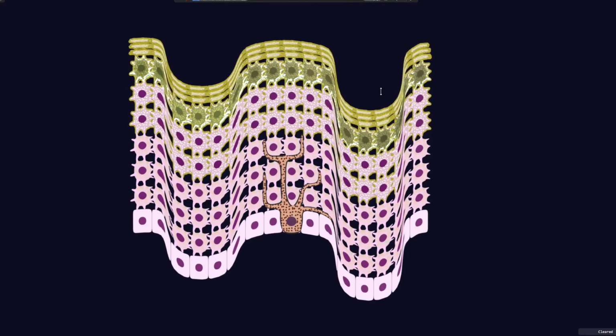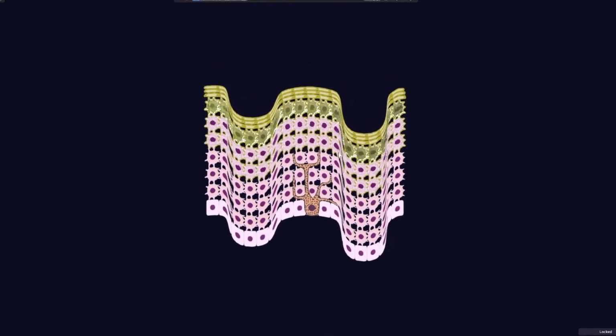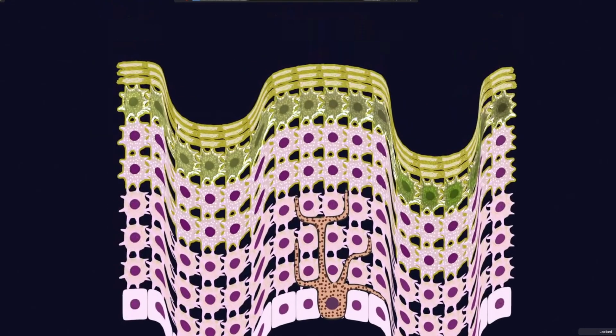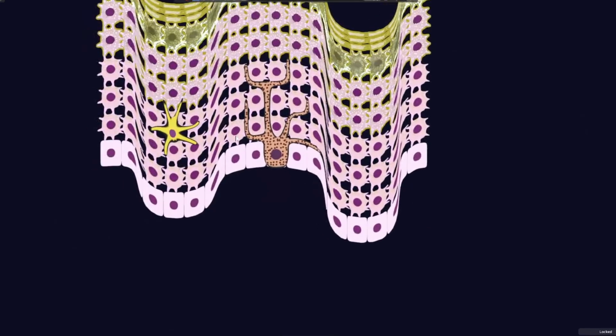So along with that, of course, as the skin is the outermost covering of our body, it is also often exposed to germs. We have this barrier to entry, the outermost keratinized layer, but still some germs, some other particles may enter into skin. So we have a component of immune cells here as well. These are antigen presenting cells called Langerhans cells.